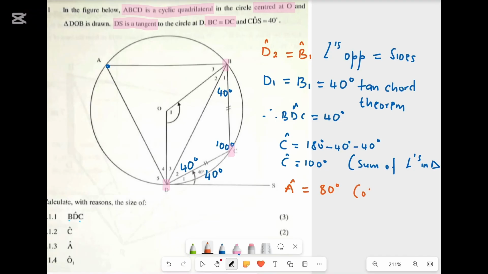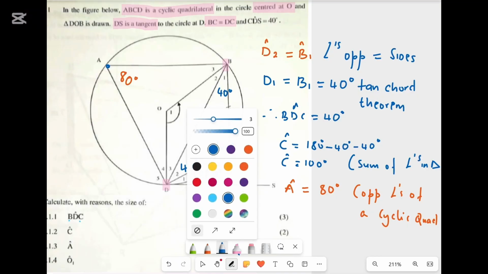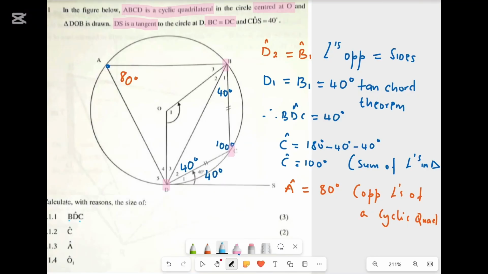You just say these are opposite angles of a cyclic quad. And then this angle here is 80 degrees, opposite angles of a cyclic quad. They must add up to 180. So this is our number 1. This is our number 2. And then this is our number 3.